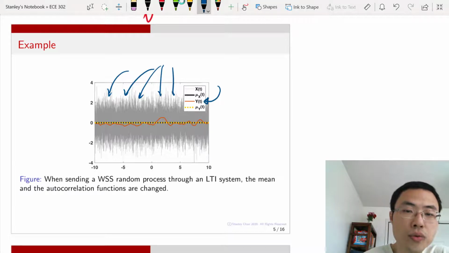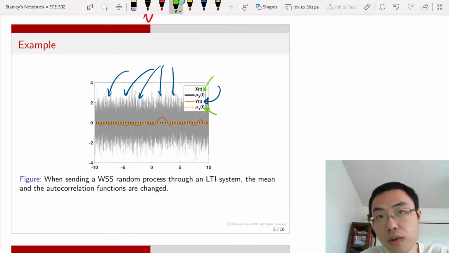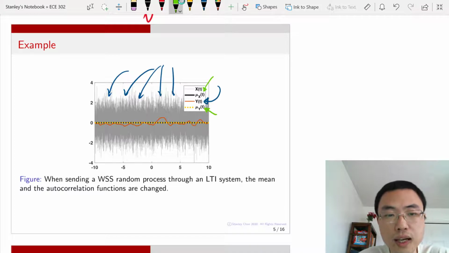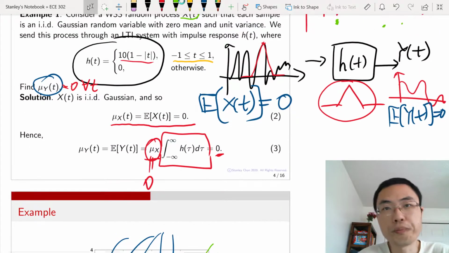As you filter, you can compute the mean. Before the filtering, the mean is given by this black line, which is 0. After the filtering, the mean becomes the yellow dotted line, which in this diagram is also 0, consistent with our theoretical prediction.